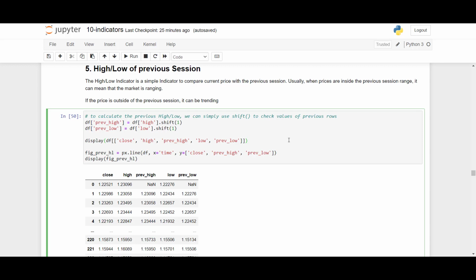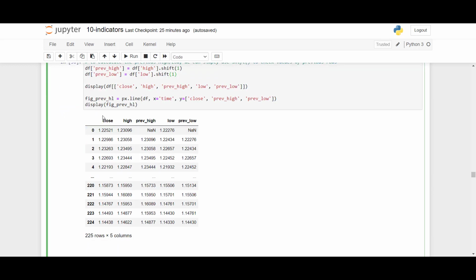To calculate yesterday's or the previous high and low, we can use shift, and shift simply takes the previous values of the high and shifts them down by this amount, which in this case is 1. Let me show you what it looks like. Here we have a data frame with close and high, and here's the low.